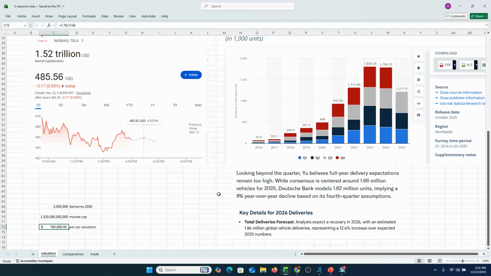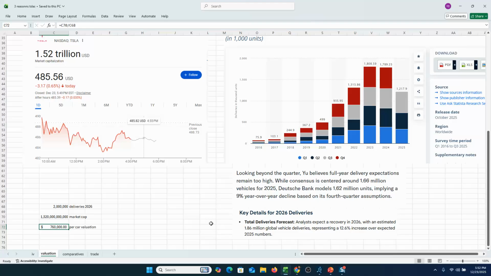I think that gives a different look at it, a good way to put it in perspective. Certainly robo-taxi, autonomous, AI, all the other stuff will maybe, who knows, add to it, but for the time being, that's what you're buying when you're buying Tesla up here, how much you're basically valuing each car at, $760,000. So rich to say the least.